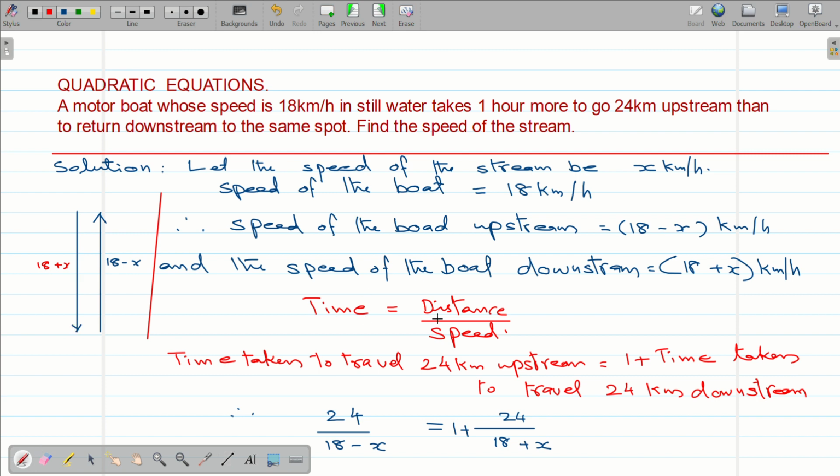Time is equal to distance upon speed, and it is given that time to travel 24 kilometers upstream is equal to 1 hour more than the time taken to travel 24 kilometers downstream. So 24 upon 18 minus x, that is the time taken to travel 24 kilometers upstream, is equal to 1 plus 24 upon 18 plus x.